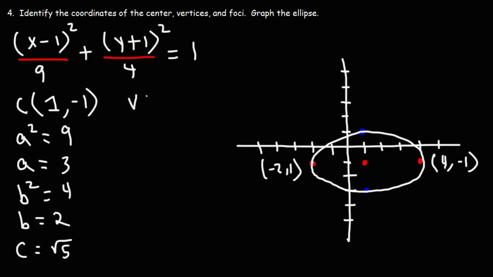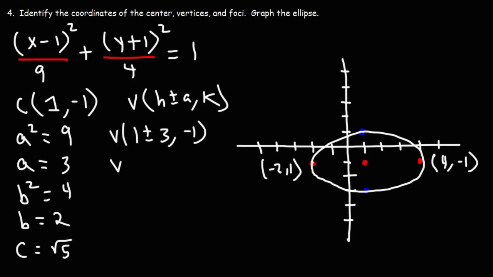And if you remember the formula, it's h plus or minus a, k for a horizontal ellipse. H is 1, a is 3, k is negative 1. So you get 1 plus 3, which is 4, and 1 minus 3, which is negative 2. So those are the ways in which you can find the vertices of the ellipse.